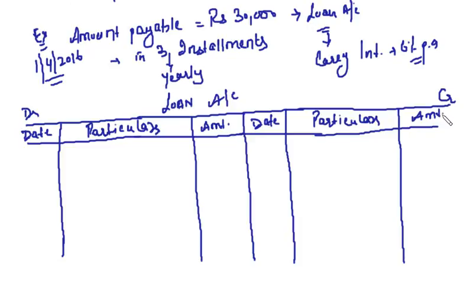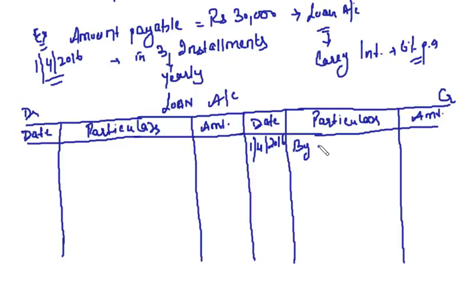Okay, so now you have a balance in the loan account. What is the balance in the loan account? On 1st of April, they transfer your balance in the loan account from the partner's capital accounts.